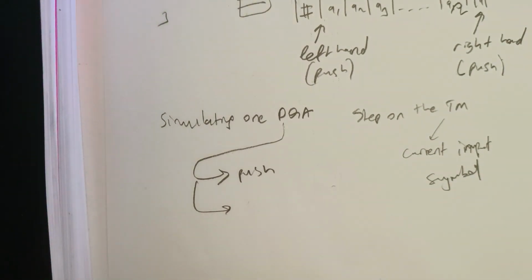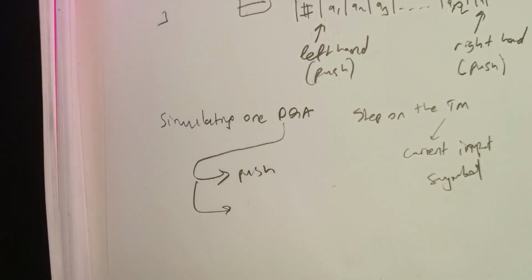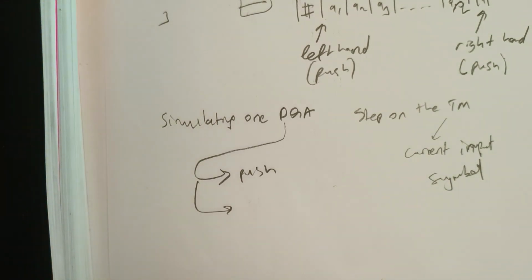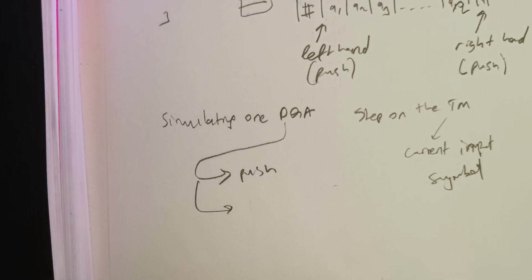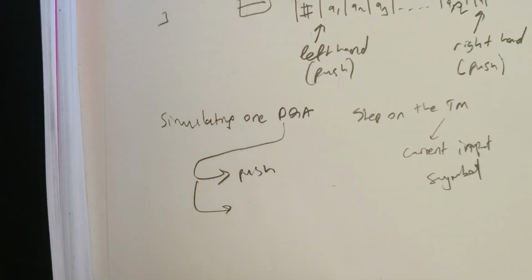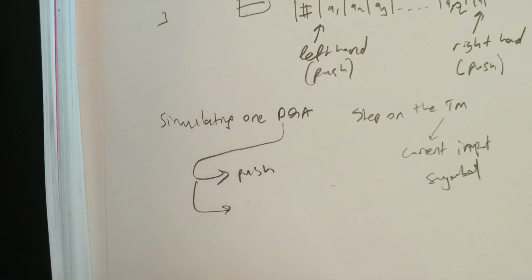We perform the corresponding push or pull operation on the tape. We move the input head right by one cell if needed. We update the stored current state to the new state.